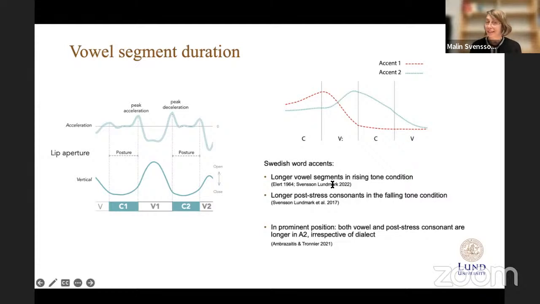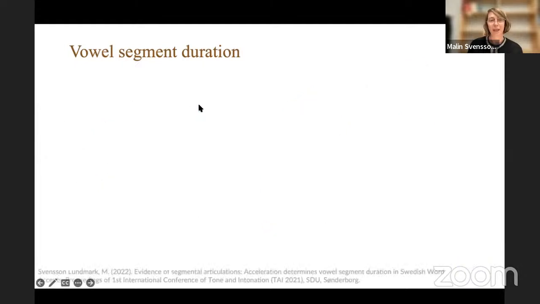The segments clearly are affected by the tones, but will they also affect the relationship between the vowel and the deceleration and acceleration peaks of the crucial articulators? Let's see.